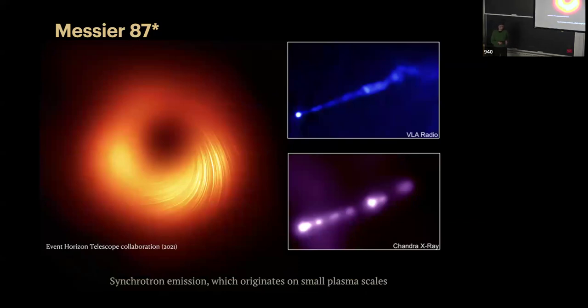We see the emission, what we think is thermal emission around the black hole close to the event horizon, and also the jet in radio and in X-rays. But again, as in the case of Sagittarius, we not only see the quiescent emission from M87, but also we see flares. And for M87, these flares are in a high energy, TeV range.